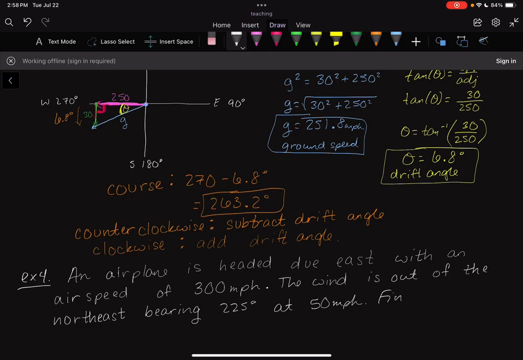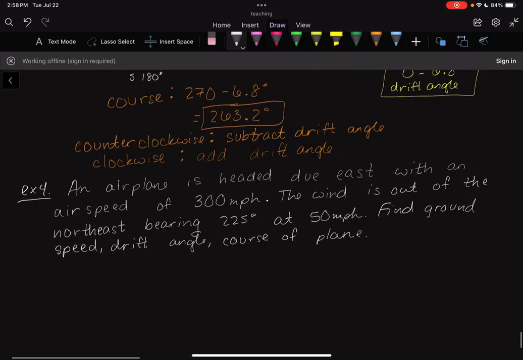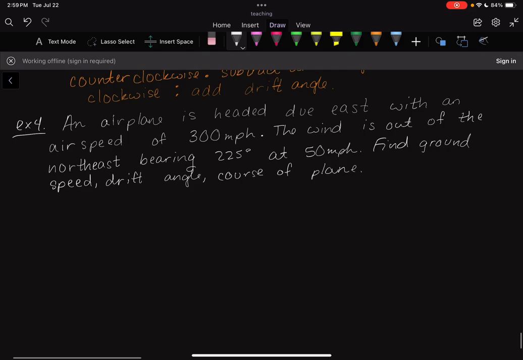And we're going to find the ground speed, the drift angle, and the course of the plane. So finding all the same stuff, given all the same information.